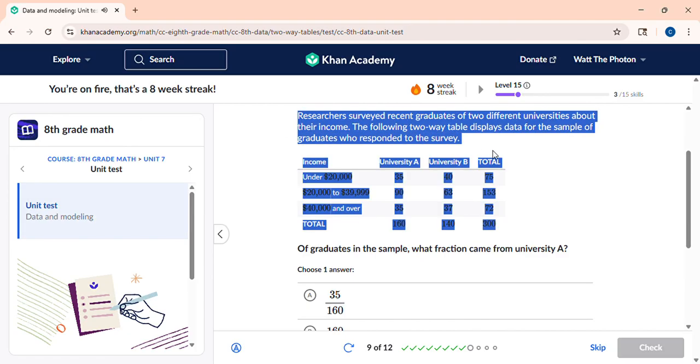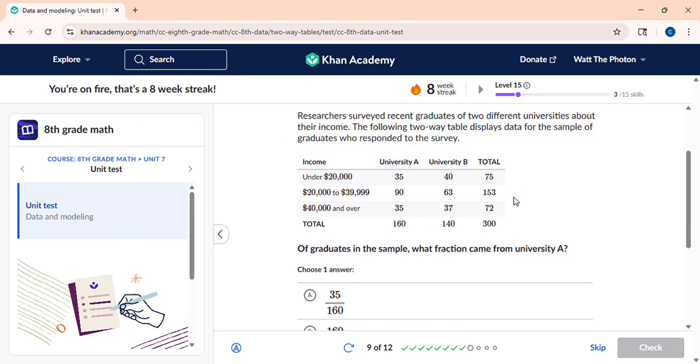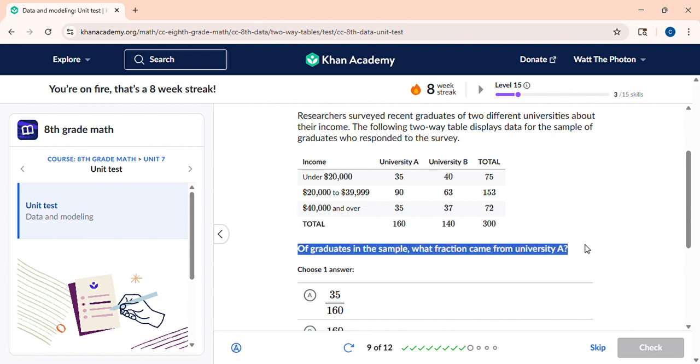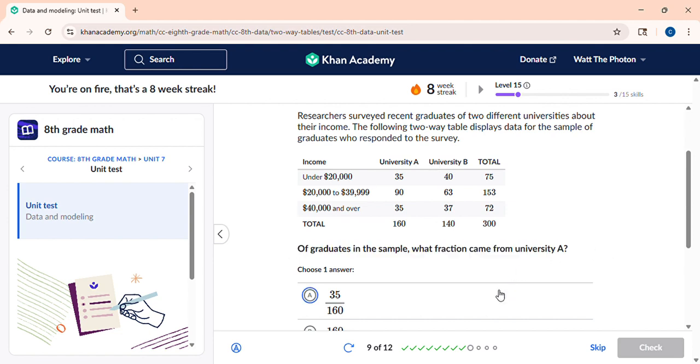Researchers surveyed recent graduates at 2 different universities about their income. The following two-way table describes data for the sample of graduates who responded to the survey. Of the graduates in the sample, what fraction came from University A?